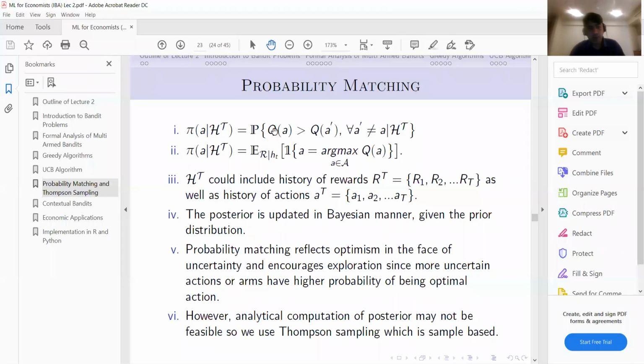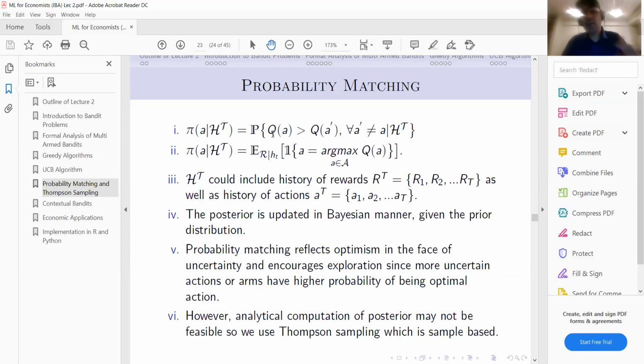It's just that the probability that Q of A is better than all other Q of A prime can be equivalently expressed as the fact that A is the maximum across Q of A. But since this is a probability, it turns out that if you're calculating a probability of any event, and the event is that Q of A in this case is the best action, so that Q of A gives you the highest average reward relative to Q of A prime for all A prime not equal to A, for all other actions, Q of A gives you the highest average reward, right?